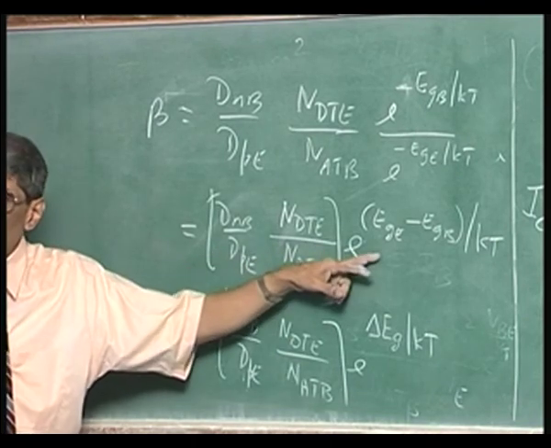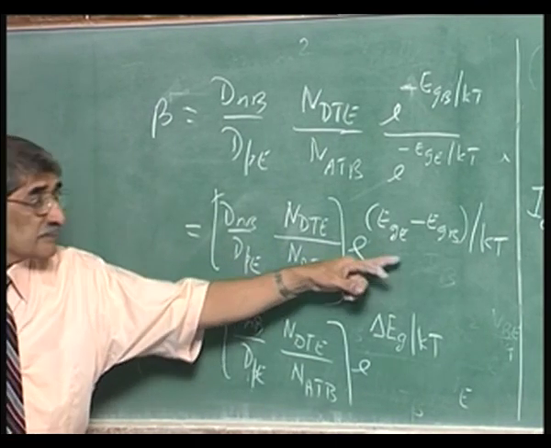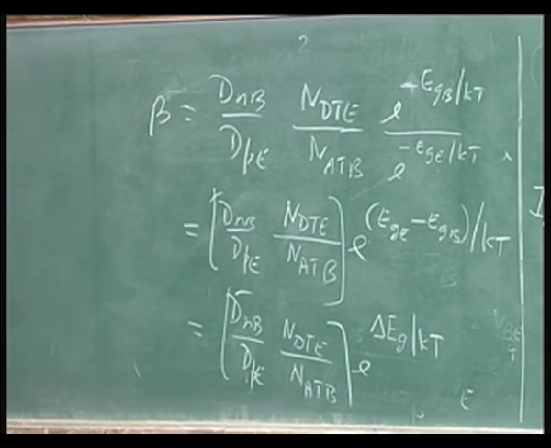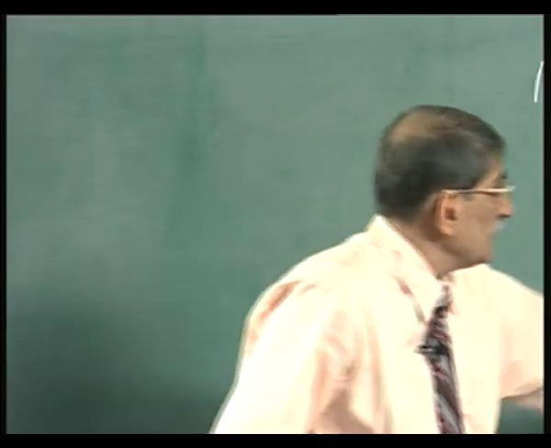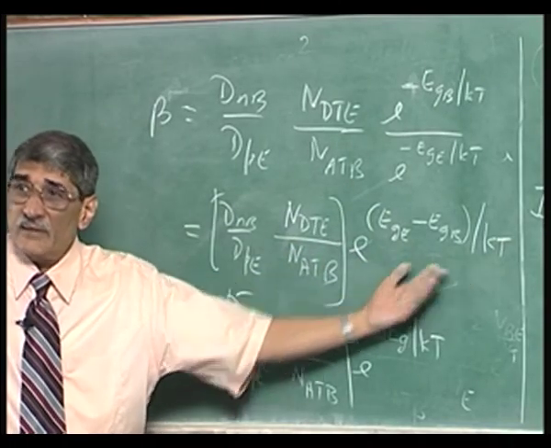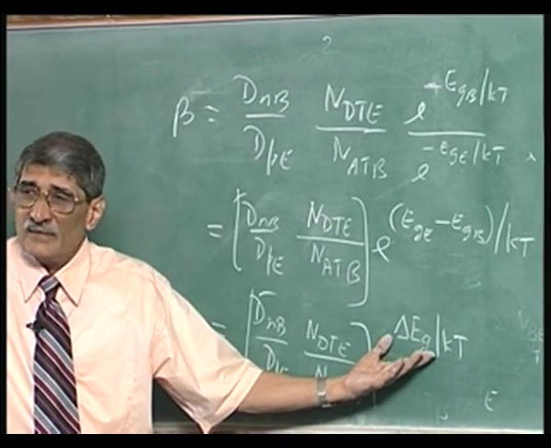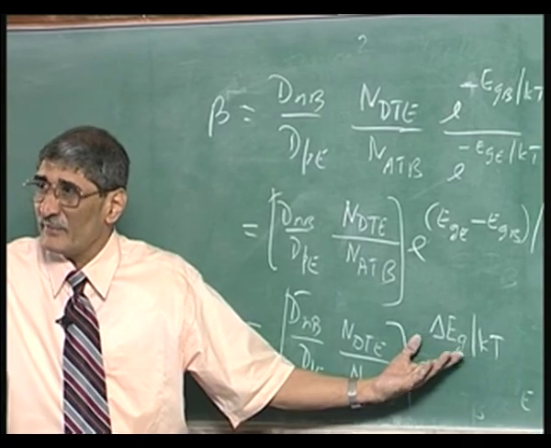If the band gap in the emitter is larger than this, you can see even if it is just 100 millivolts larger, 0.1 electron volts larger, then 100 divided by 25, e to the power of 4, this is a factor of e to the power of 4, that is about 54.